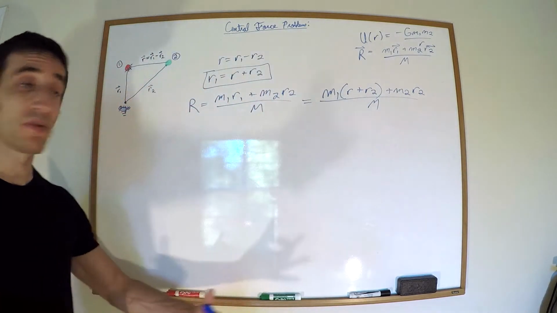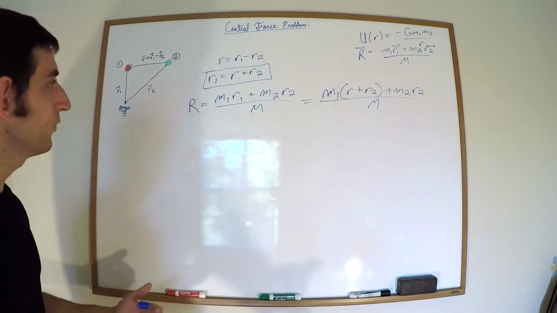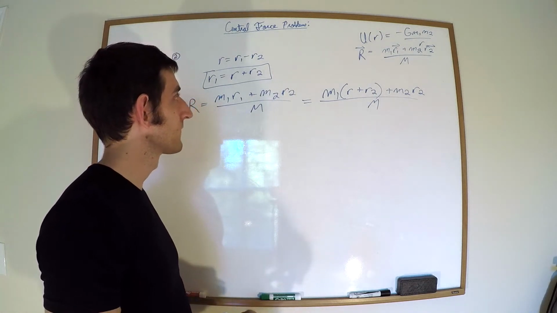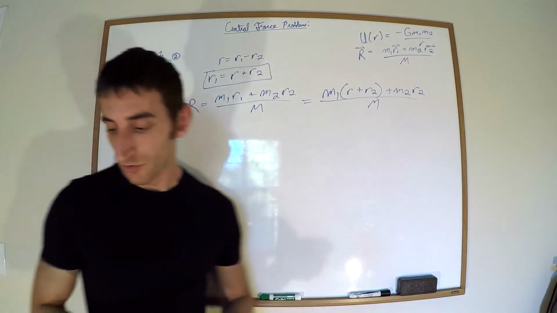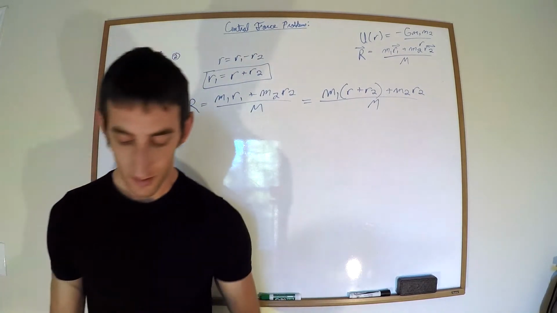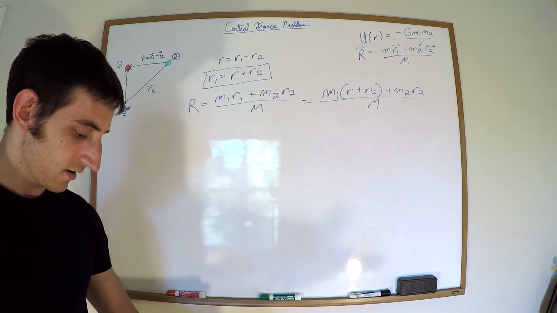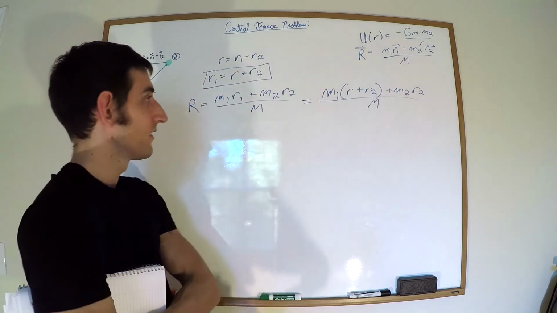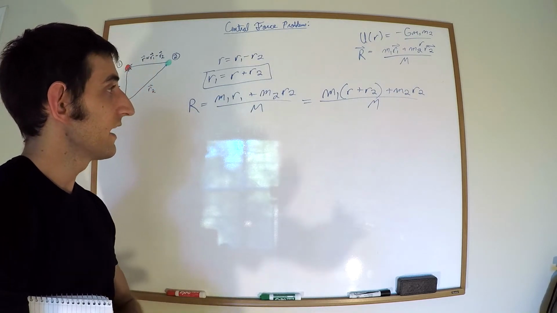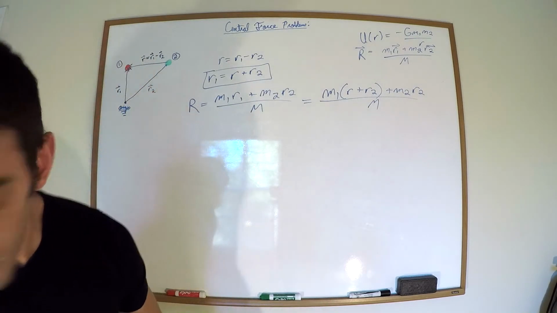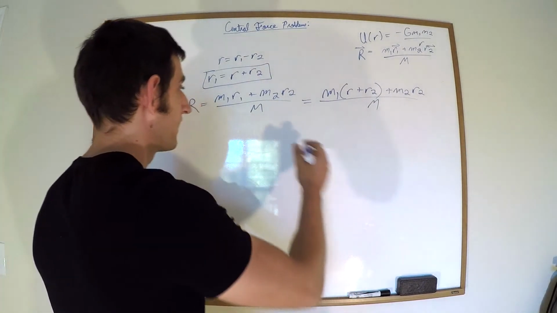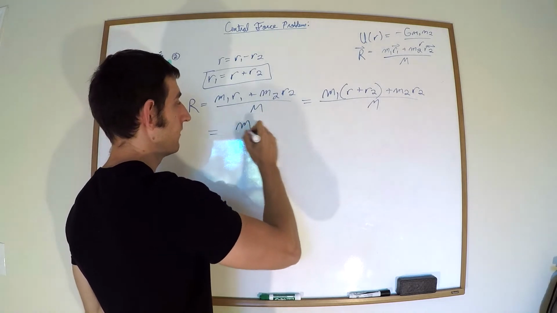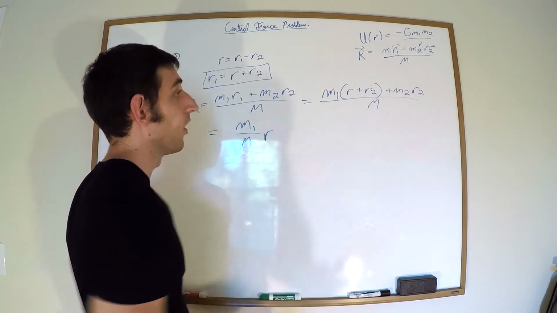Okay, now we need to group terms, and we want to try to get rid of the R2. Okay, so what we could say is, sorry, I was just looking at my notes really quickly. We can come down here, and we're going to say, okay, we have M1 over M of little r.